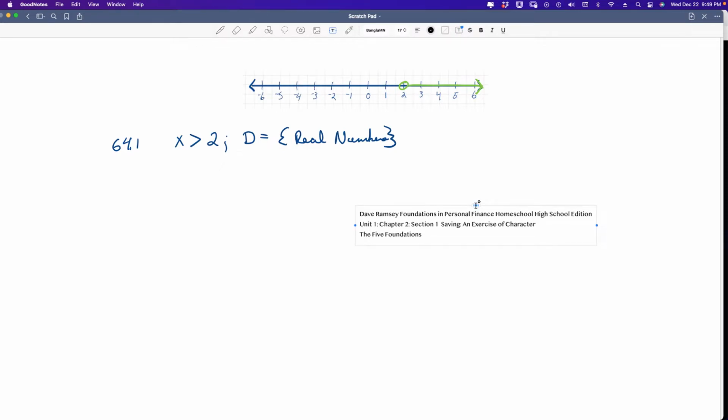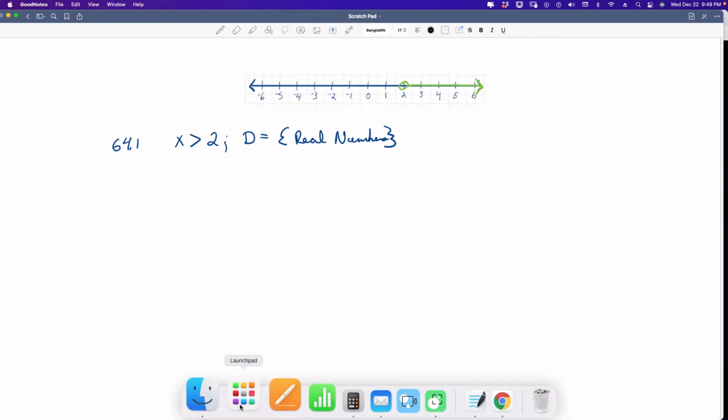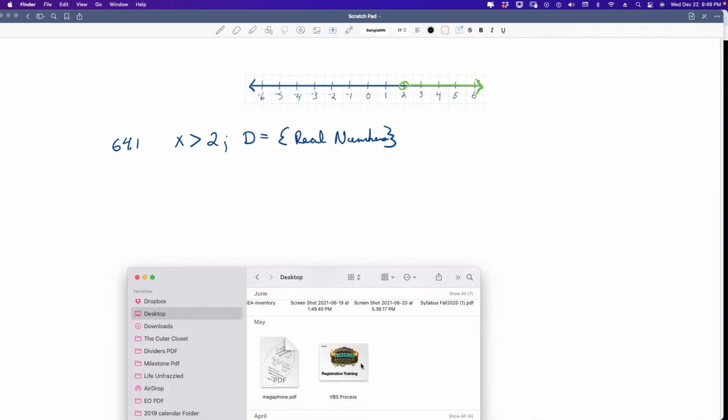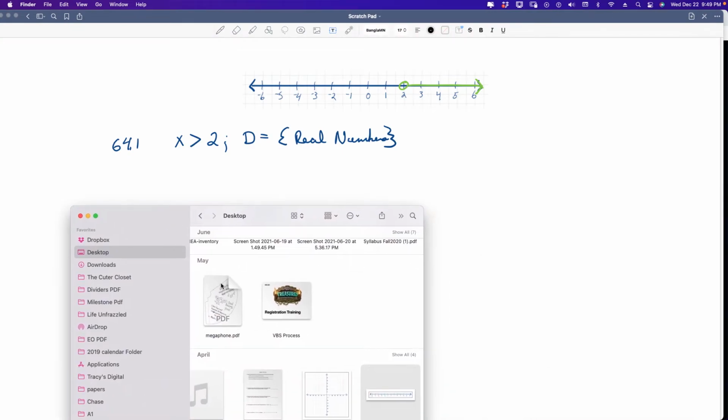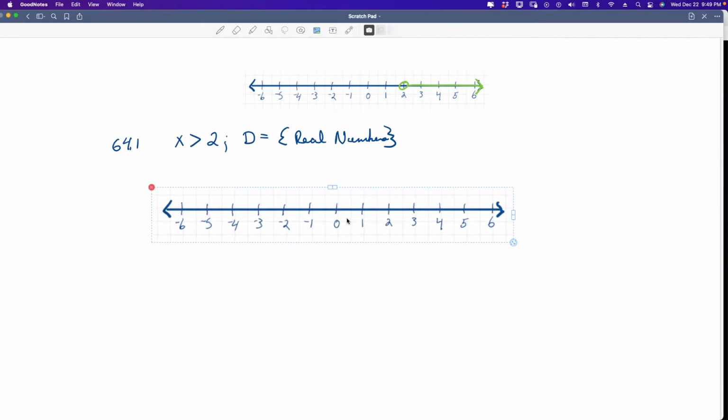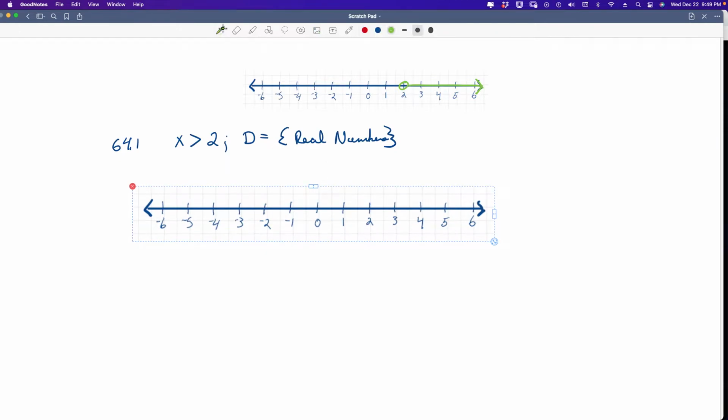I am trying really hard to get rid of this for you. Okay, there it goes. Alright, so let me pull up another number line this way. I know I can do it this way. If I just drop it in. Aha, that worked perfectly.